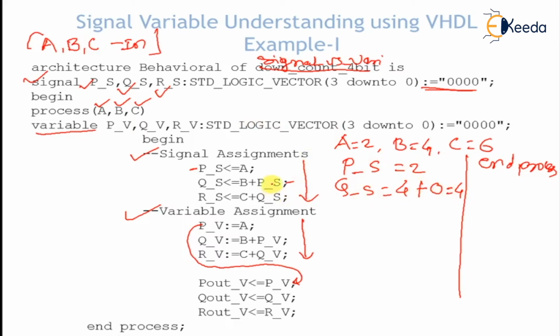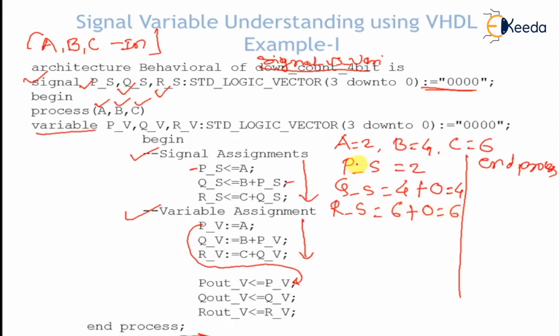Have you understood? Here the assignment of P_S will happen at the end of the process, not immediately. So this A value, after the end of the process, will be assigned to P_S, but by default the initial value will be 0 only. Then R_S is equal to C, value 6, plus Q_S. Here Q_S's previous value is again 0, so it should be 6.